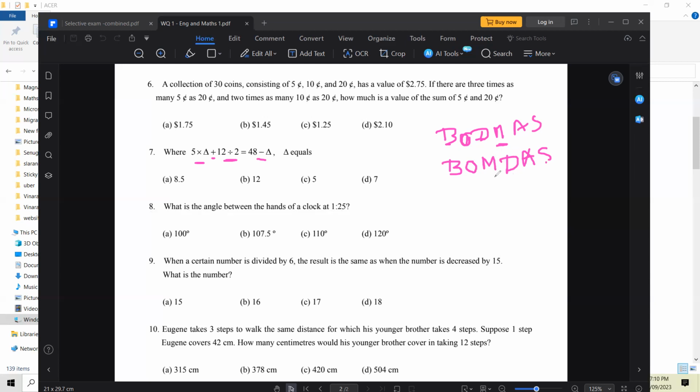That means for this operation you do whatever comes first from this side. Here multiplication M comes first, right? Division comes second. Then you have to do this operation first, this operation second. Addition is after that, either M or D, then A.